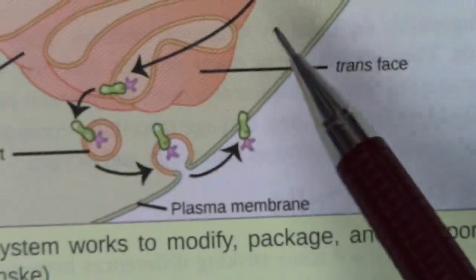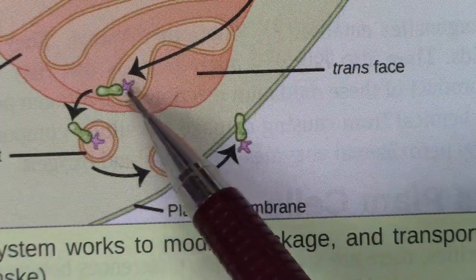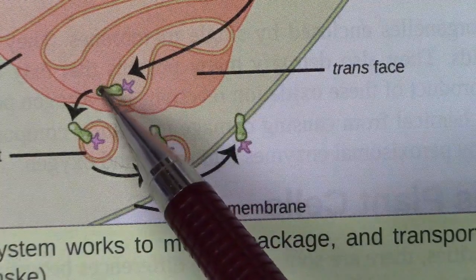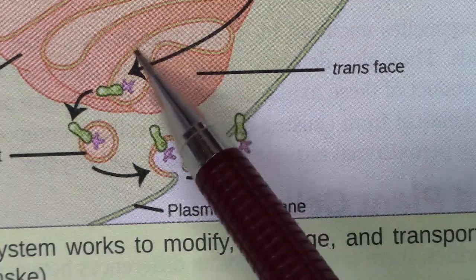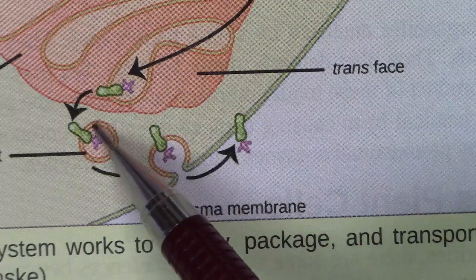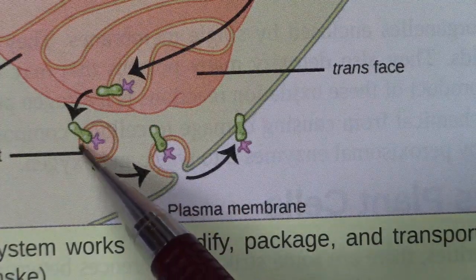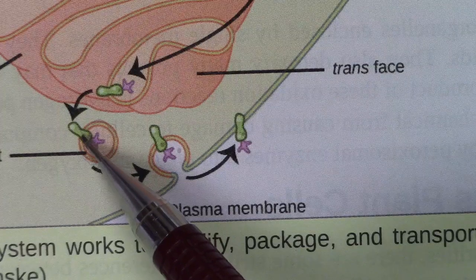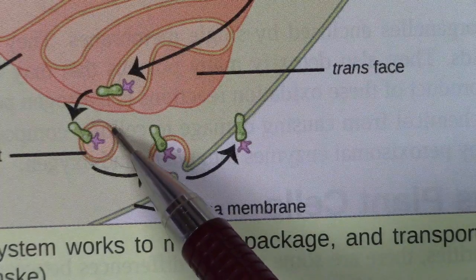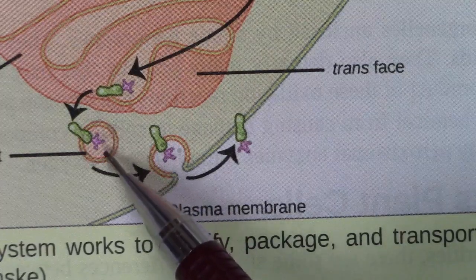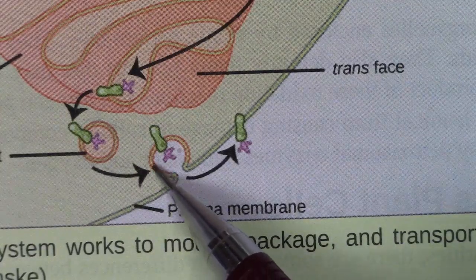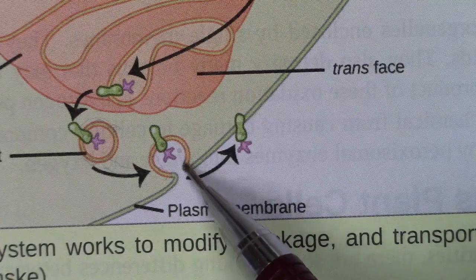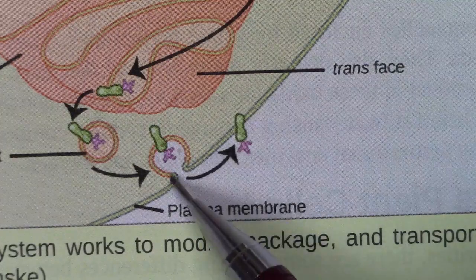Oh shoot, I'm off the film again here. There we go. So here is, backing up, the little protein that's been modified with a red star on it. It's moved through the Golgi. A piece of the Golgi buds off with the green protein stuck in the membrane. This vesicle fuses with the cell membrane. And there's the orange membrane of the Golgi fusing with the green cell membrane of the cell.